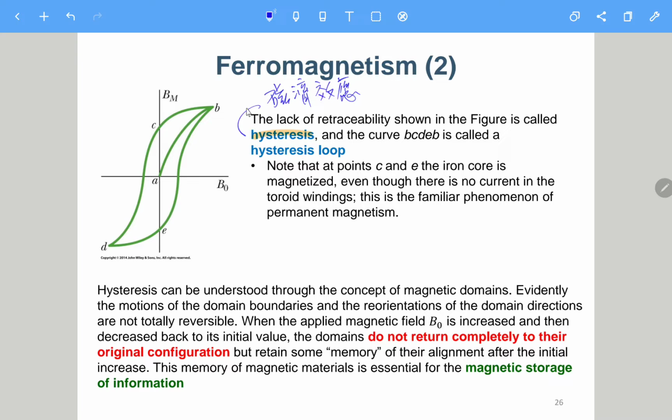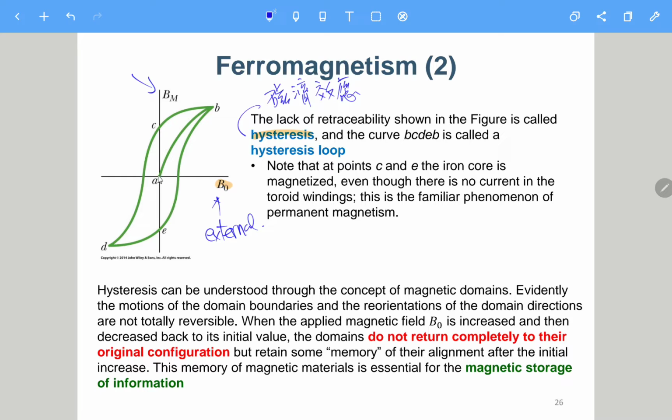The point here is that at the very beginning, you consider the ferromagnetic material to be at the reset state. B0 is the external B field, and Bm is the B field generated by the ferromagnetic material.